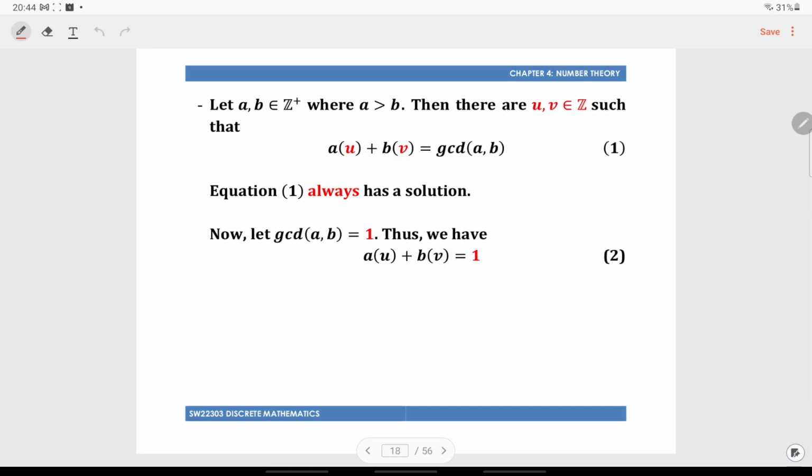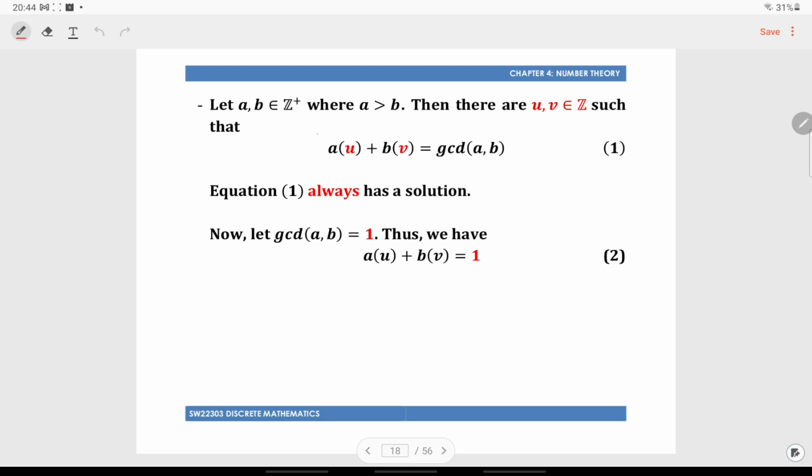Suppose we have two positive integers a and b, where a is greater than b. Then there are another two integers denoted as u and v such that a times u plus b times v equals the GCD of a and b.